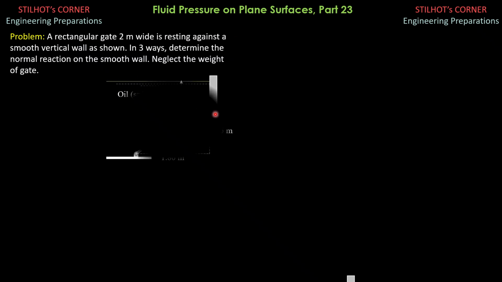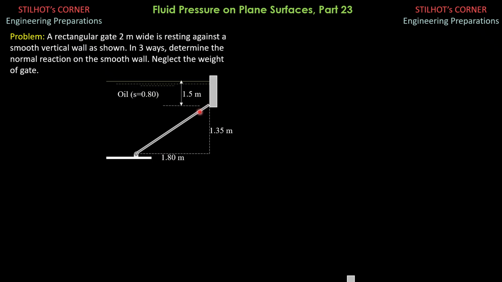So this is the figure, and perpendicular to the board, it is 2 meters wide. So the horizontal distance and the vertical distance of the ends of the rectangular gate is 1.8 by 1, and horizontally 1.8, vertically 1.35.